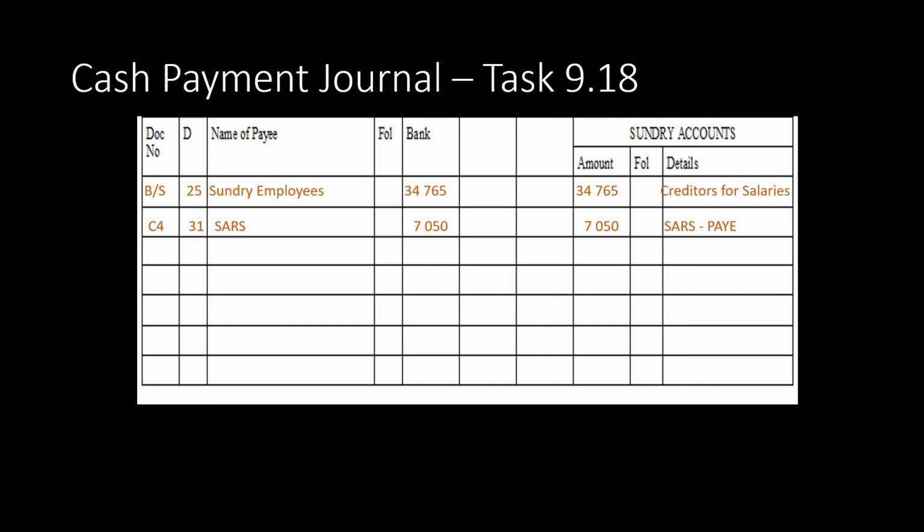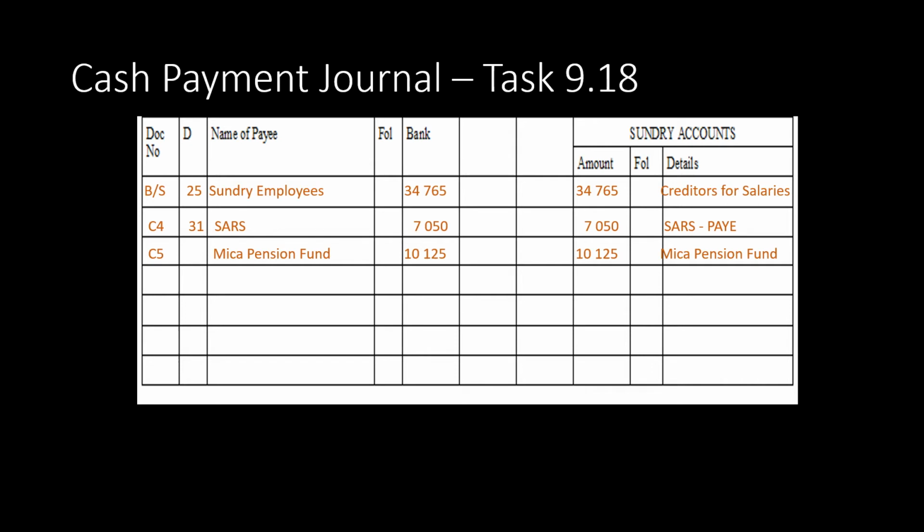Remember, in big business, if you are employing 100 people, writing down every single name in the cash payments journal is not going to cut it. So you would then add salaries together. We'd also make batch payments from the bank. Therefore, sundry salaries is going to be in the name of payee.